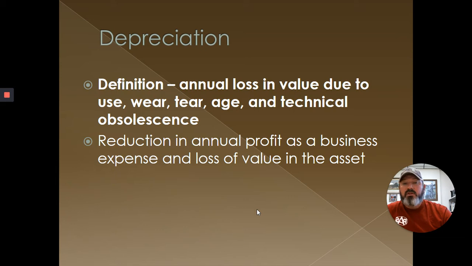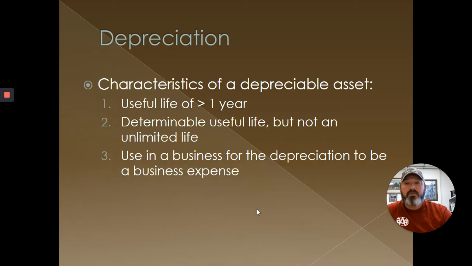So the reduction in annual profit as a business expense and loss of value in the asset, that's essentially you trying to discount out of or expense to your farm the loss of that value.